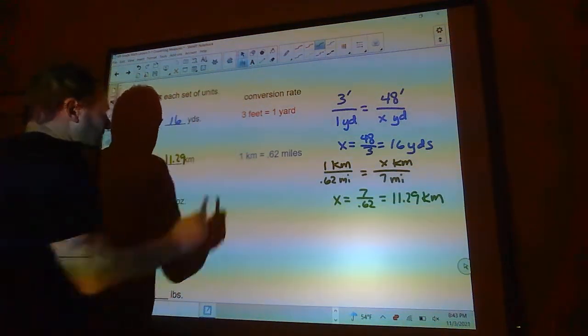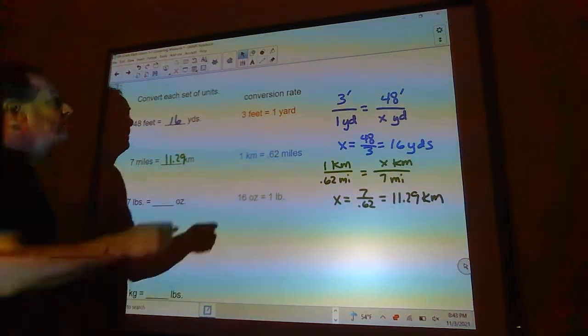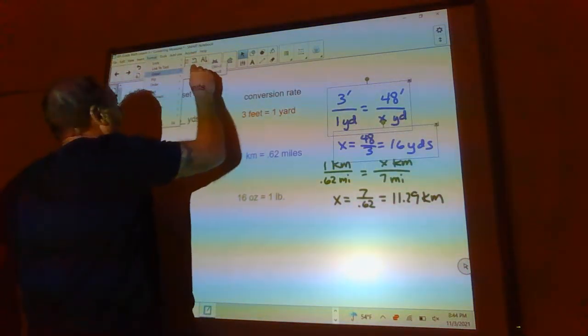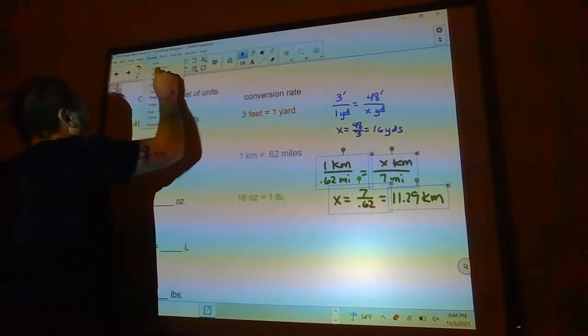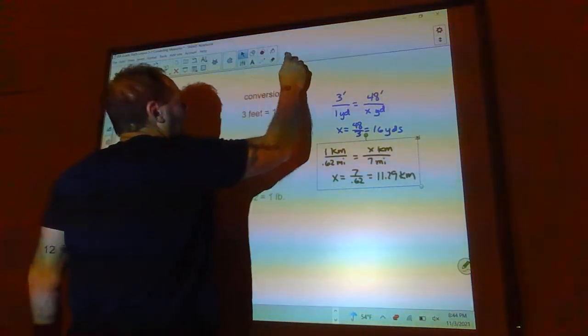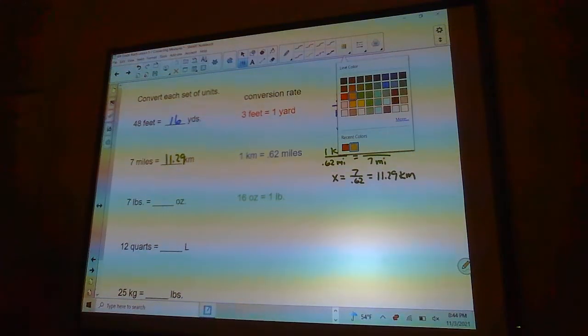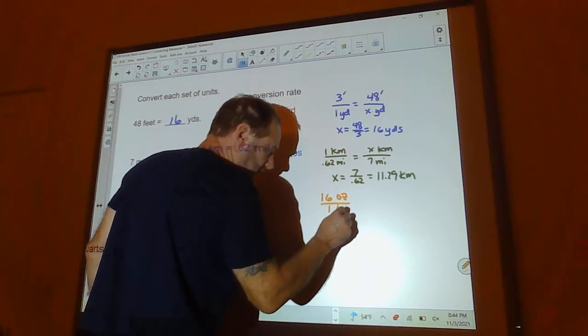Okay, this next one is a pretty simple one because they're both in the customary system. Okay, 7 pounds is how many ounces? Well, turns out there's 16 ounces in a pound. So let's make some more room here for ourselves. Just group this up and shrink it a little bit. Do the same thing here. Okay, and let's see, how about a nice orange pen? Okay, so 16 ounces is 1 pound. So we're going to write 16 ounces is 1 pound.